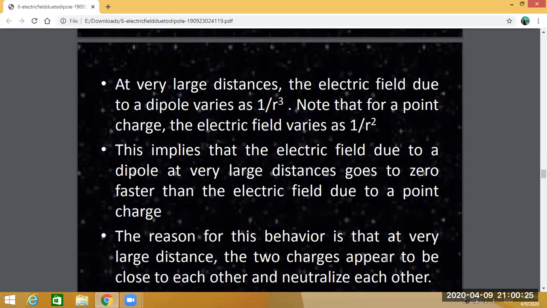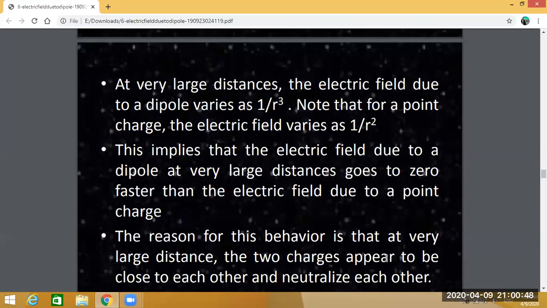In which case will the electric field decrease faster? In the case of a dipole, because the electric field due to a dipole varies inversely as the cube of distance. That's why it decreases fast in comparison to that due to a point charge, because in the case of a point charge, the electric field varies inversely as the square of distance.